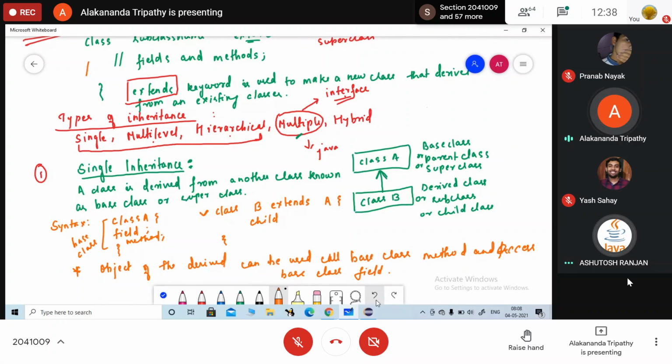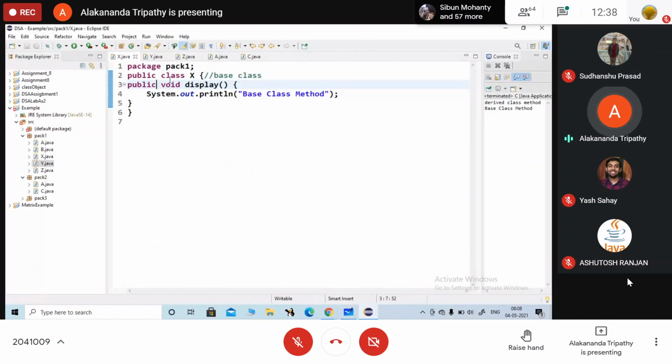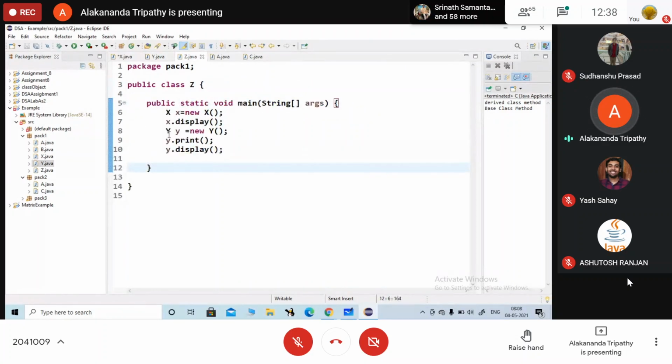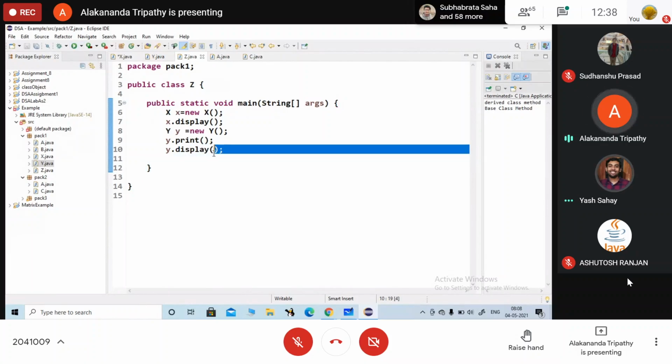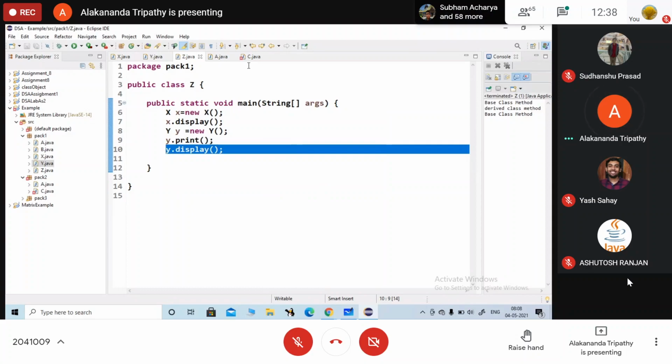Are you clear with this point? Yes, ma'am. Okay, now let's see, what specifier should we use here? Protected. If I am using protected, see, is there any error in y dot display? No, ma'am. If I provide the access specifier as protected, there is no error.